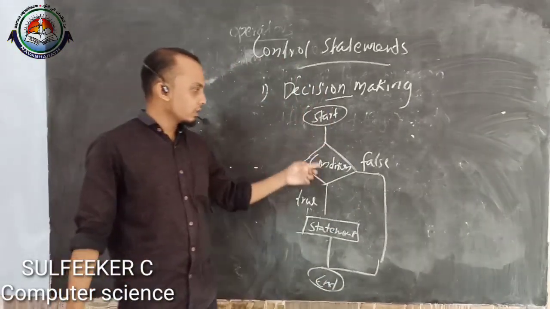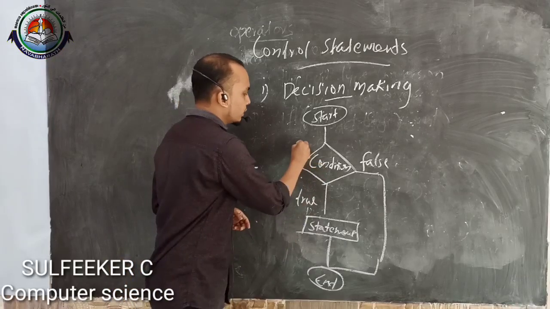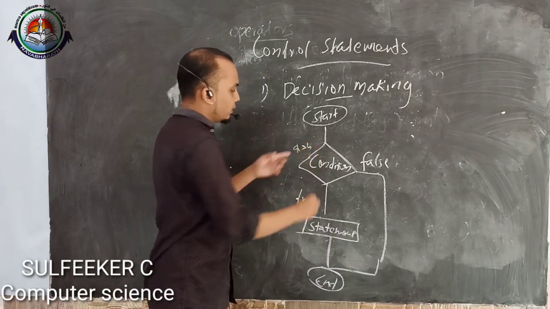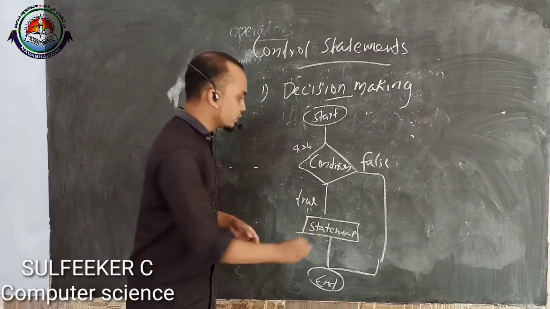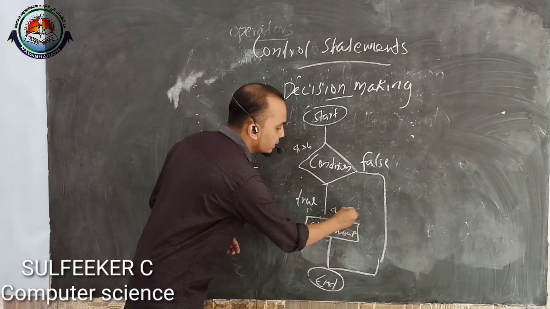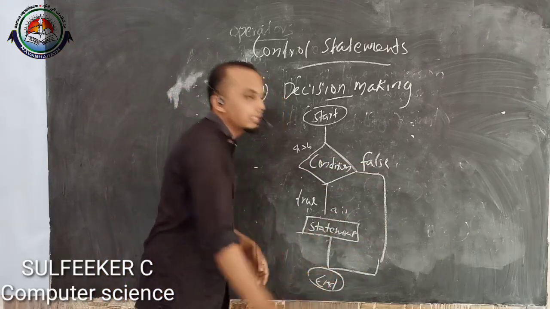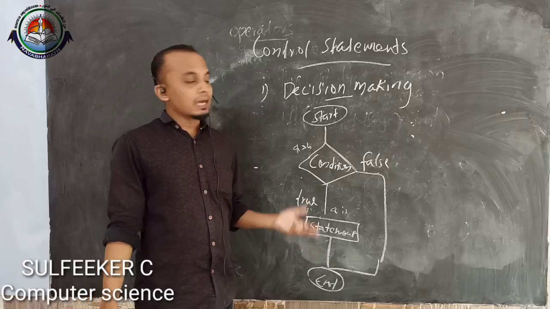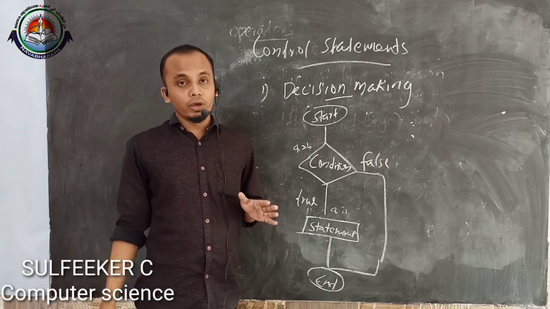If the condition A greater than B is true, the true block of statements will execute. What is the statement? A is greater. If it is false, directly that process will stop. That is called simple if or plain if or if statement.